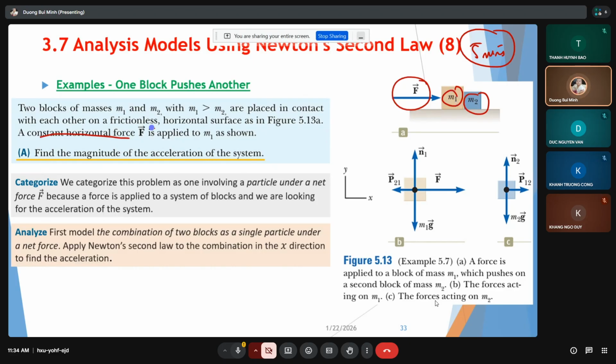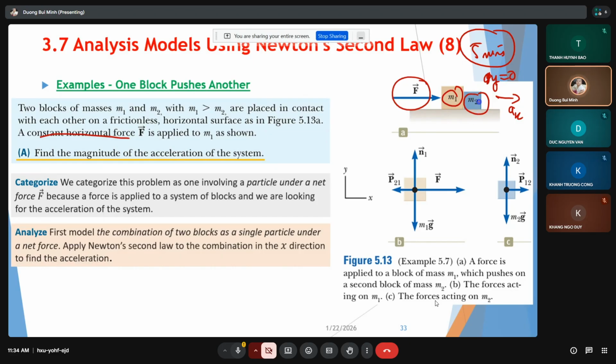Find the magnitude of the acceleration of the system. So you can know the moving direction, right? The moving direction of these objects is this, so this one is ax. ay will be 0.